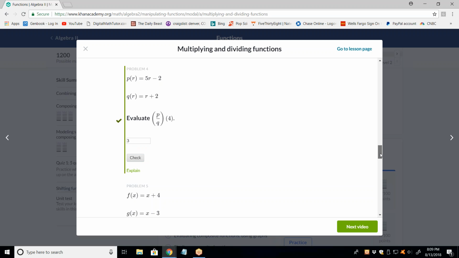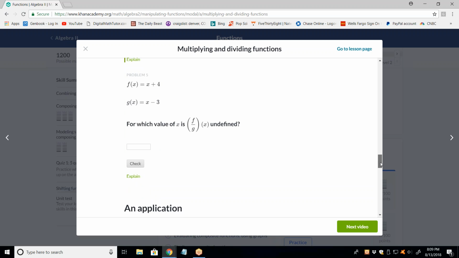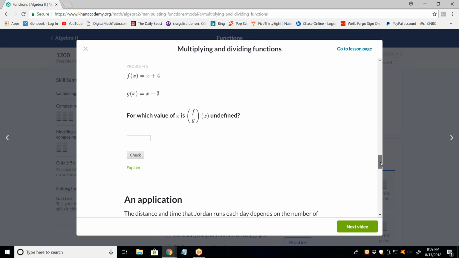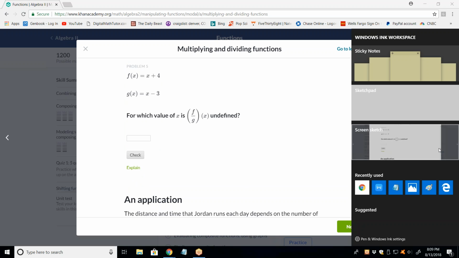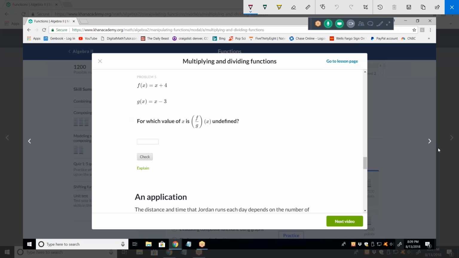Now this is a little different. First of all, tell me what f over g of x is. It would be x plus 4 over x minus 3.